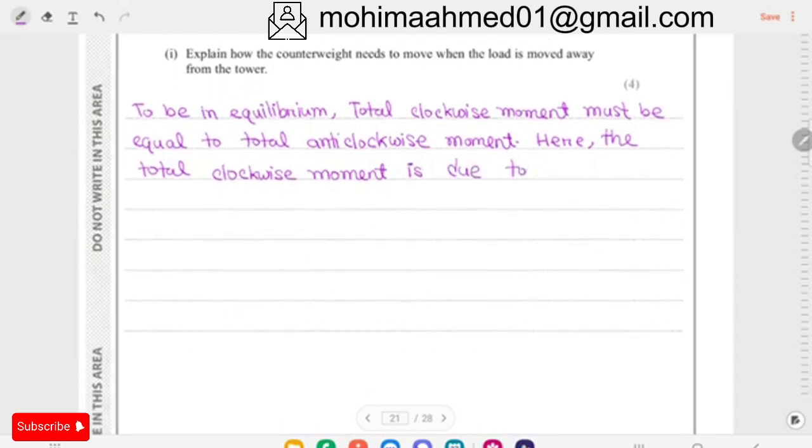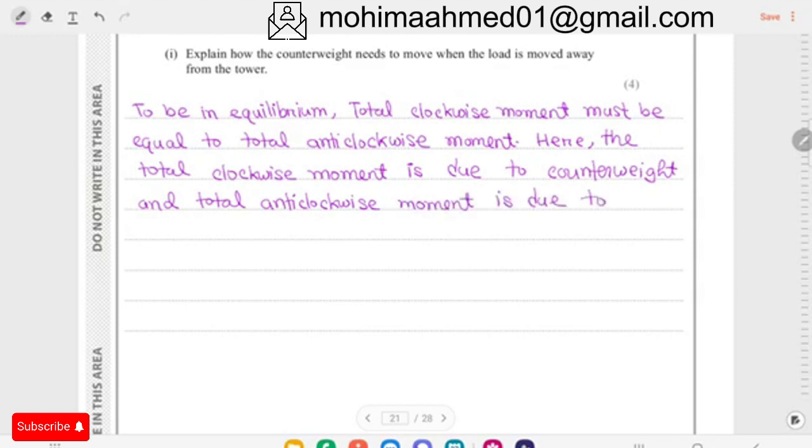Here the total clockwise moment is due to, and total clockwise moment is due to the load.